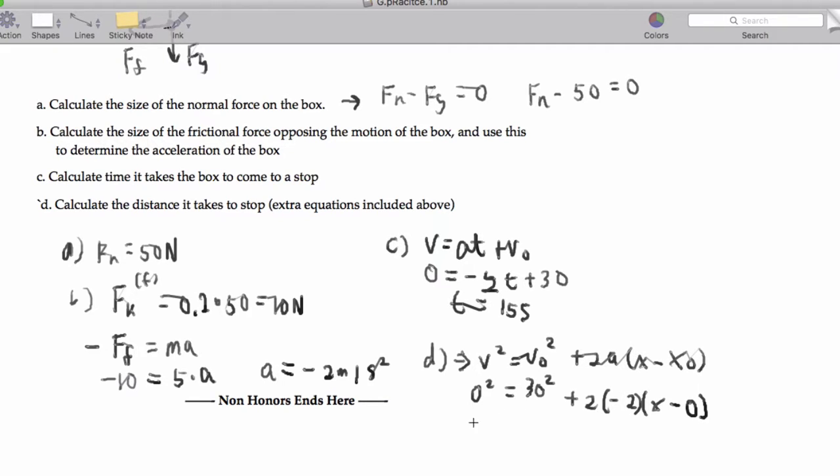Finally, we're going to end up getting 900 divided by 4 is our distance. So when we actually work that out, we will get 225 meters.